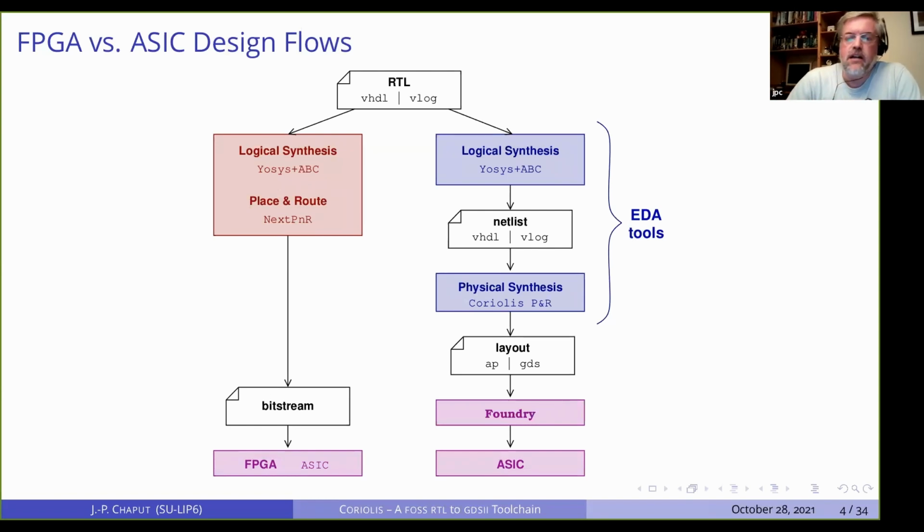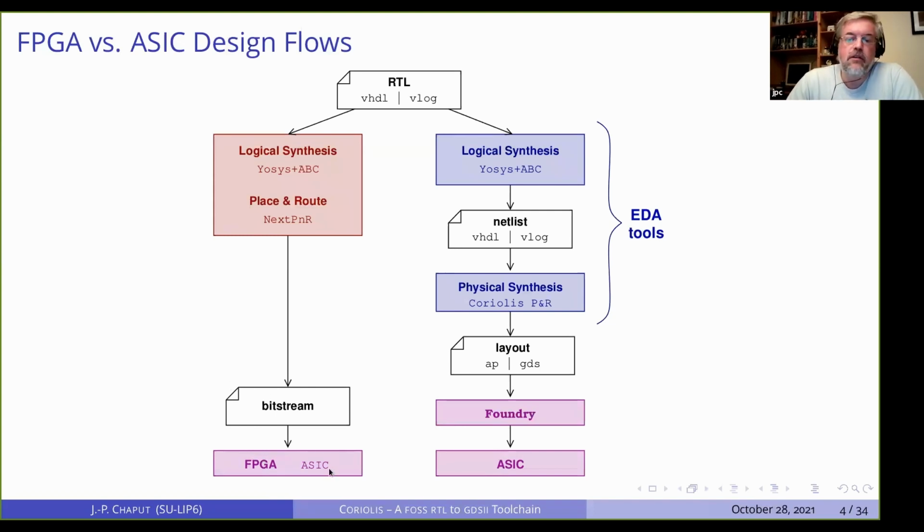On the left side, you see the classical logical synthesis with a free tool like Yosys. Then you can place and route with also a free tool like NextPNR. The end product of those tools is a bitstream, which you upload into an FPGA and that realizes your design.